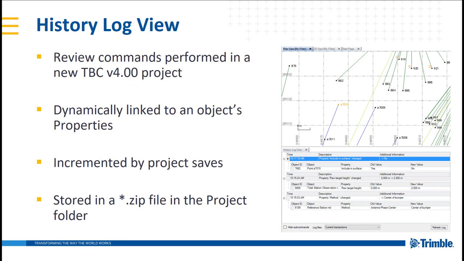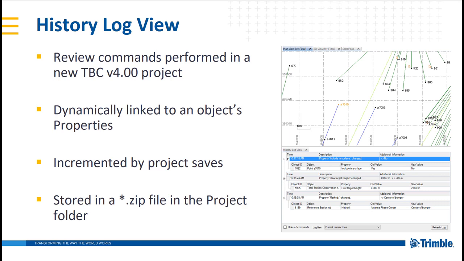In addition, another major feature of TBC 4.00 is the new history log view. This is equivalent to the review project in Trimble Access if you're used to that on our field side. But you're able to review commands performed in a new TBC version 4.00 project and then moving forward as well.